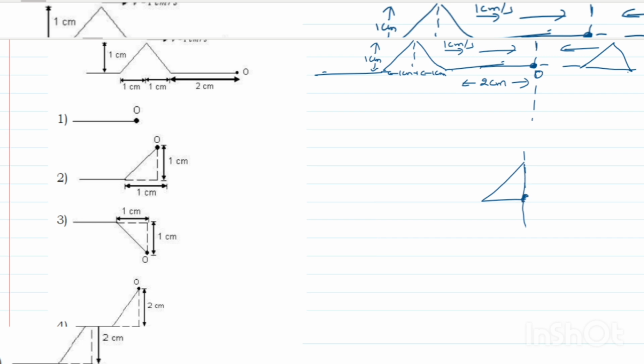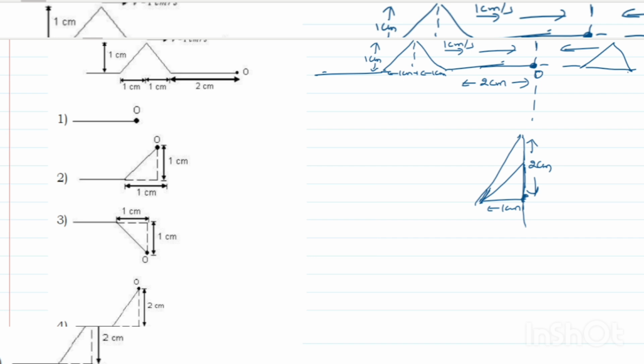This is the incident wave, and the reflection of the wave will be imposing like this. Now this amplitude becomes 2 centimeter, and this will be 1 centimeter. So the fourth option, after 3 centimeters, students.